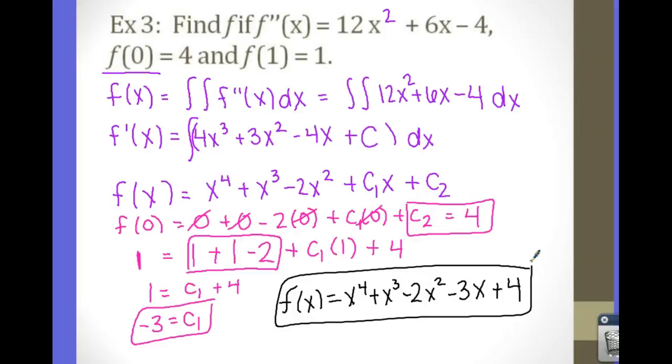That is the fundamental theorem of calculus part 1. It says you can take any family of functions, given knowns, to find the original.